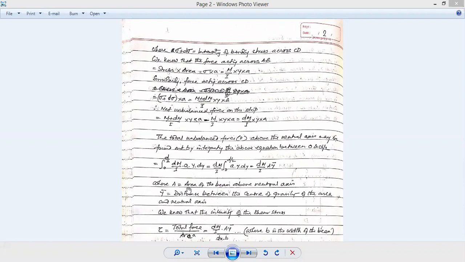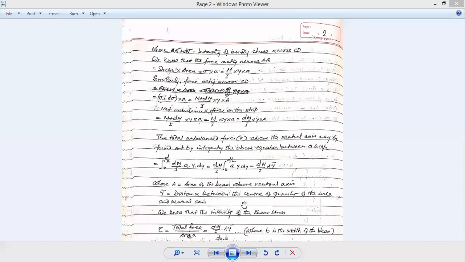So this is half of the area of the cross-section, the total area of the beam above the neutral axis. So we put A here. This is as we are integrating from 0 to d by 2. So this is A, the area of the beam above the neutral axis, multiplied by y dash, the distance between the center of gravity of the area and the neutral axis.